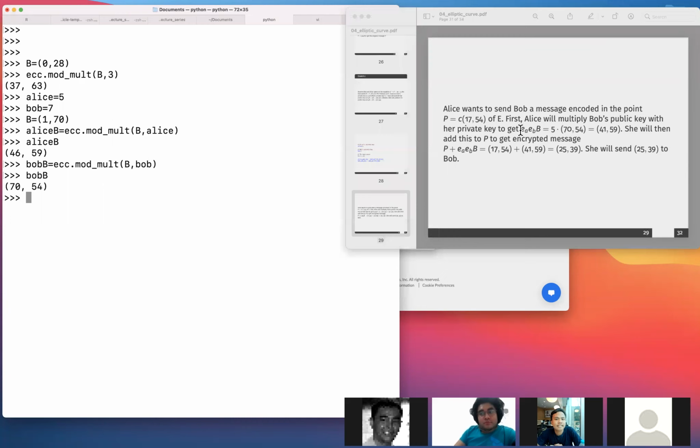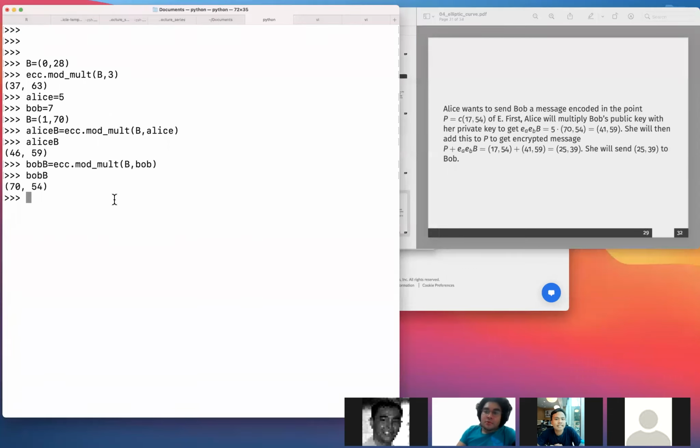First we compute EA, Alice's private key multiplied by Bob's public key, which is Bob B. Let's call this Alice Bob, equal to ECC dot mod mul of Bob B, multiplied by Alice's private key.